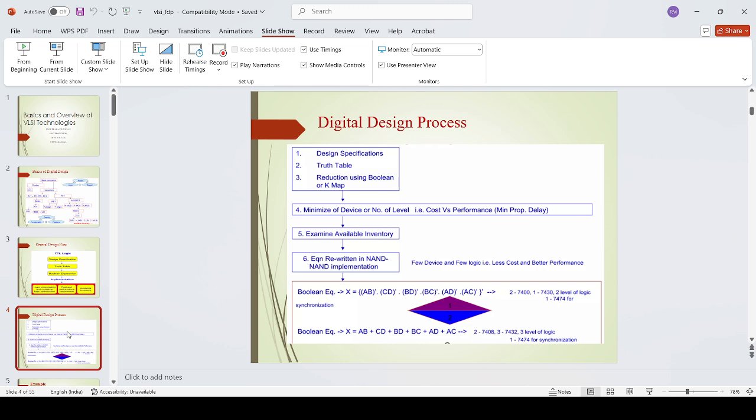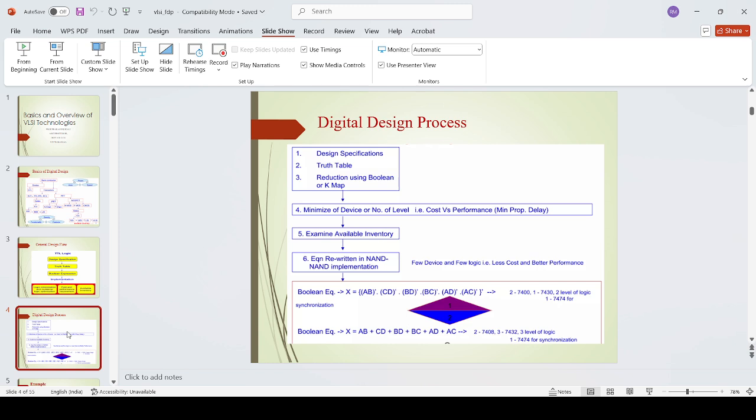We have to draw the truth table, and after that we are going to reduce the equations by using the K-map or Boolean algebra, and after that we are going to minimize the gates, reduce the propagation delay, and examine the available inventory, as I have said previously, and after that we are going to implement it in the NAND implementation.